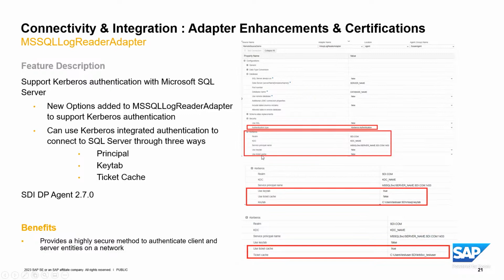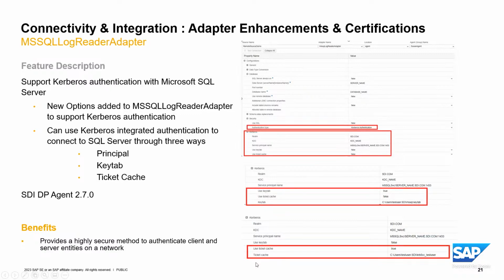Then you also have an option for using the ticket cache. You can set it to true if you want the ticket granting ticket, which is also called TGT, to be obtained from the ticket cache. So if you want to obtain the TGT from the ticket cache, you set this option to true, and you use the ticket cache information here.